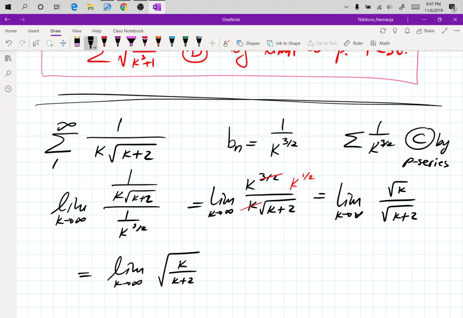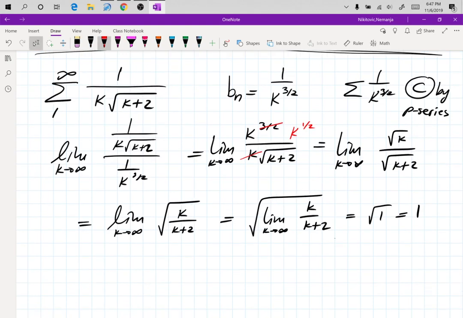And then using more rules of limits, you can kick the exponent on the outside. Now you know that the limit inside is 1. So square root of 1, which is 1.